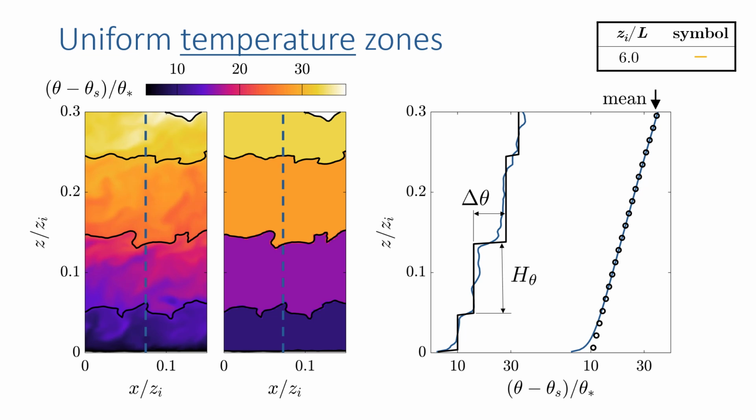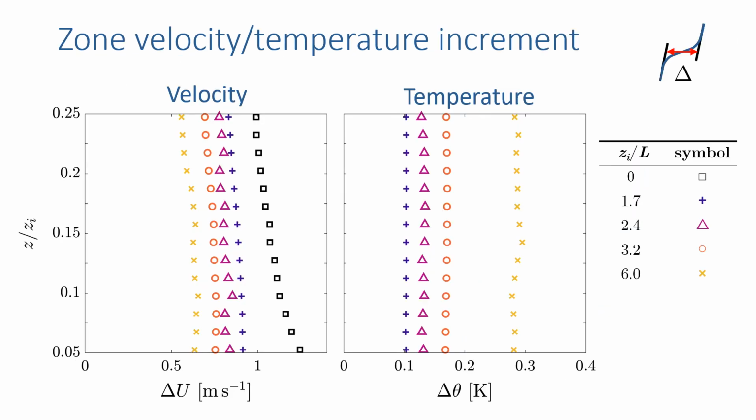In each of these past two slides, I've used the most stable case as an example, indicating that this presence of uniform zones for a neutral boundary layer is similarly present for a stratified boundary layer.